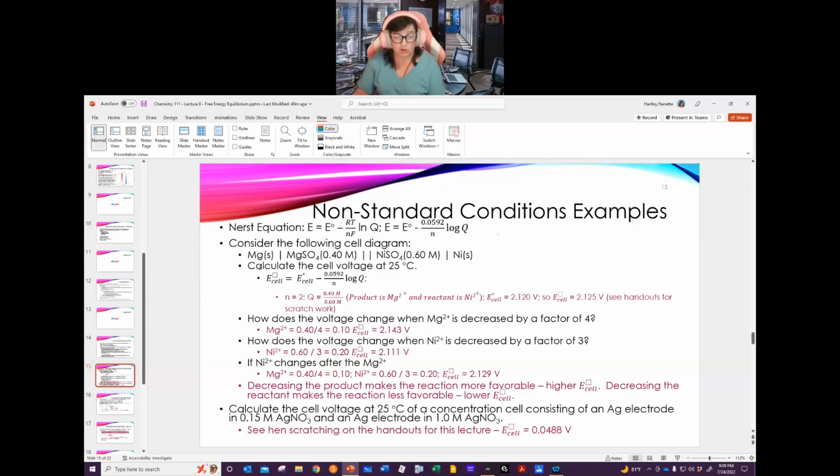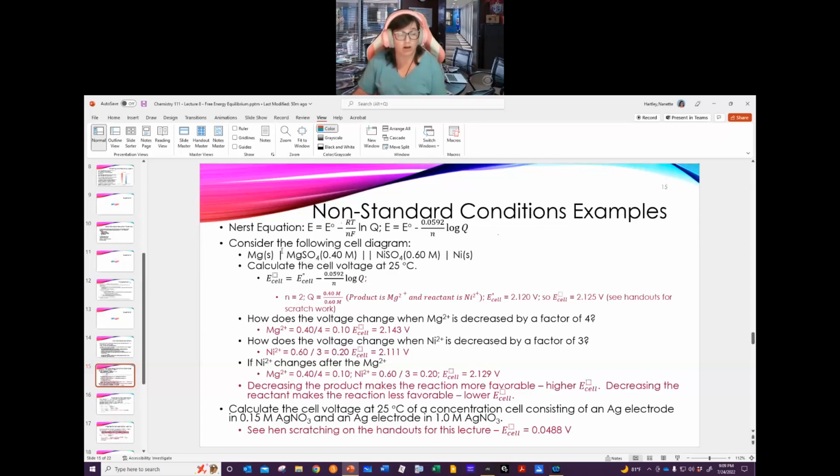And we want to calculate the cell voltage for this at 25 degrees C. So our E cell is equal to our E naught cell minus 0.0592 over N log of Q. N, in this particular process, we go from Mg to Mg2+. So that's a 2-electron process, okay? And Ni2+ to Ni is a 2-electron process. So N equals 2.